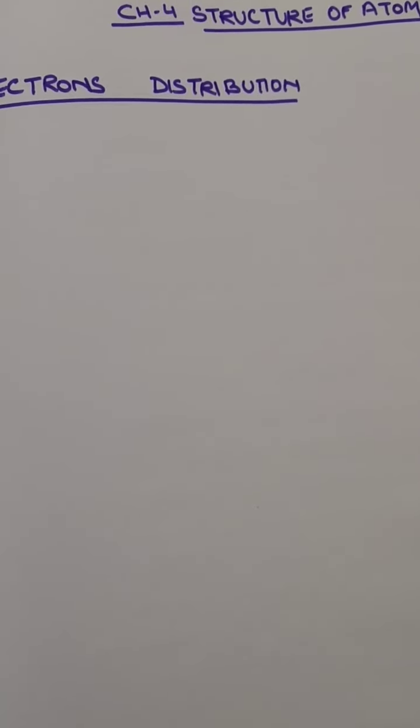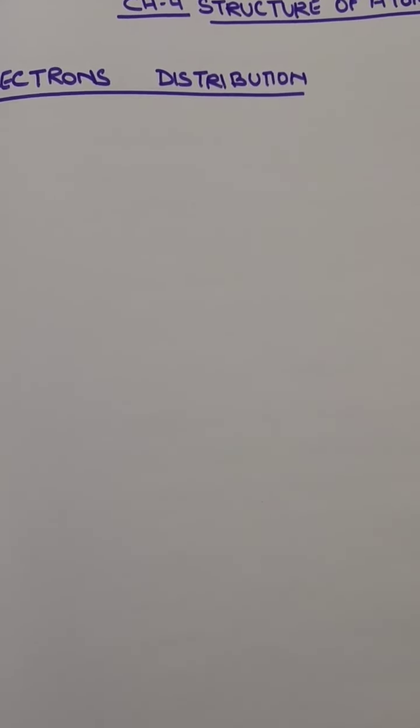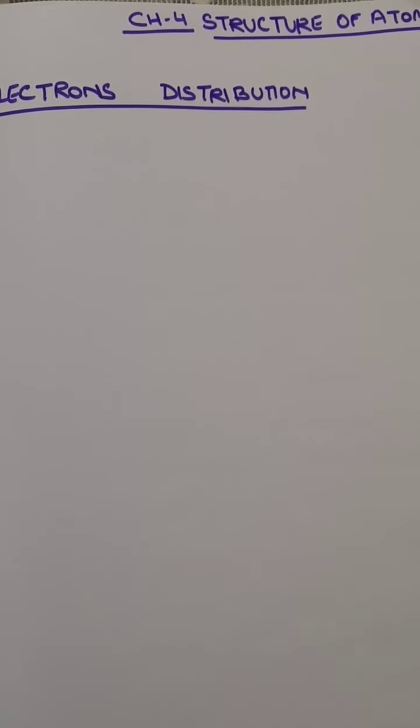So, the structure of an atom has protons, neutrons and electrons. Since protons and neutrons reside in the nucleus, how do the electrons rotate or revolve around the nucleus?